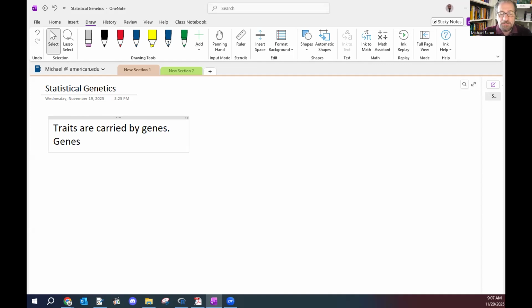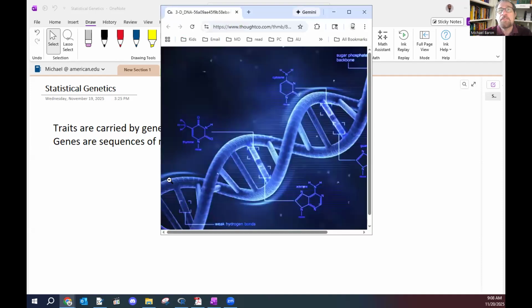So genes are sequences of chemical substances, nucleotides, in our DNA. You have seen DNA. It's a long molecule that consists of many, many proteins. So the genes belong to the DNA.